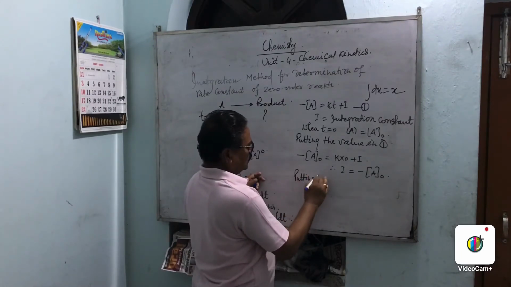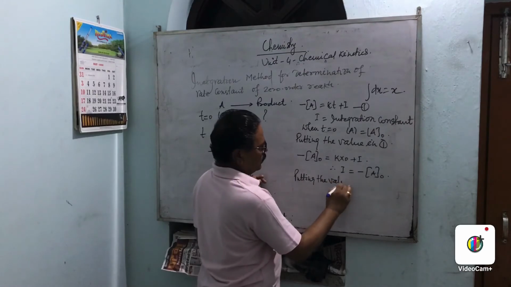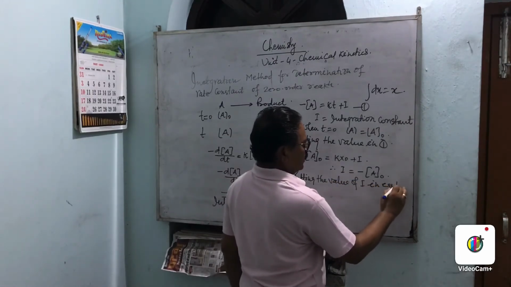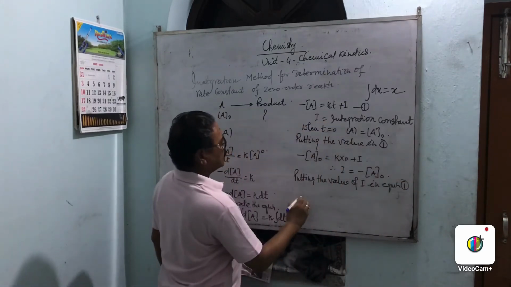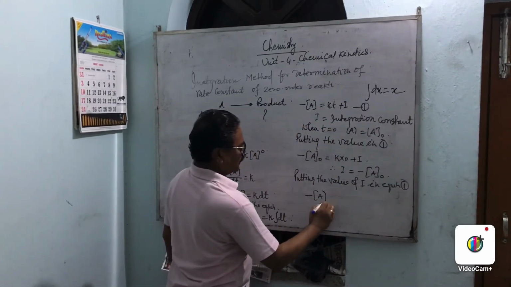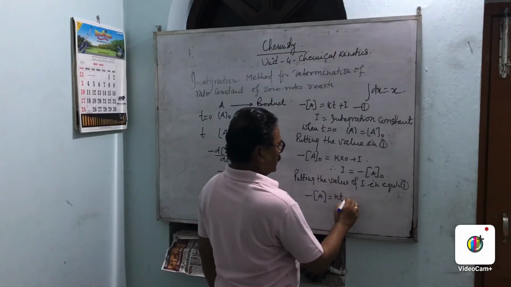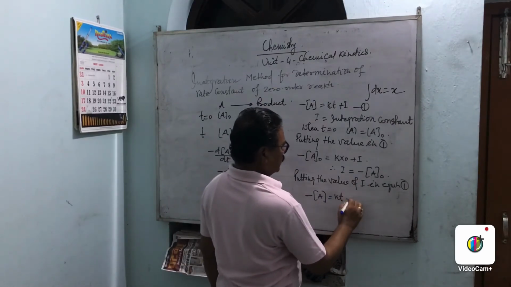Putting the value of I in equation 1, we get minus A is equal to KT plus I, and that I is equal to minus A naught.